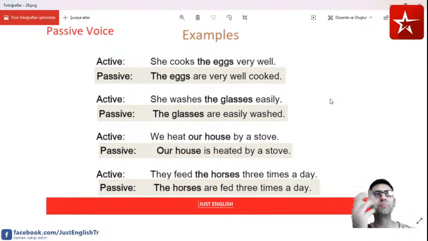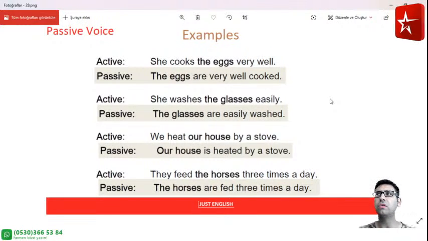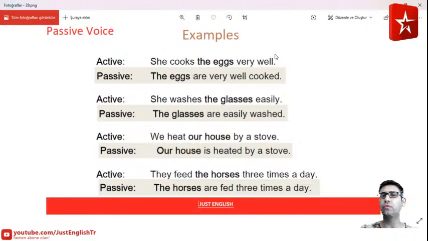This is a pre-intermediate level. The question you ask is rather higher, but I'm going to try to explain it to you. The house heated by a stove, when you say it, heated is not a verb in that sentence. I mean, don't mix up, guys. I'm talking about what your friend texted in the chat box.